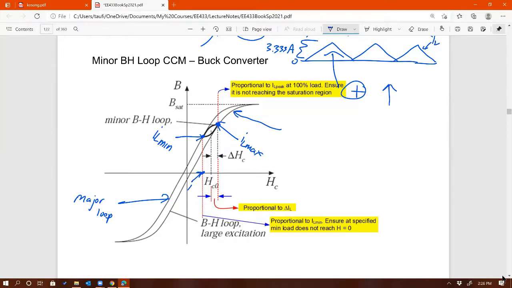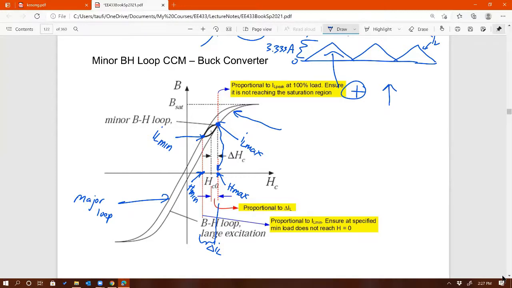So that's H min, and the point on the right is projected to this point, that is H max, corresponding to IL max. So H min corresponds to IL min, H max corresponds to IL max, and the difference between the 2 points should correspond to delta IL. So from here to here should be the delta IL. All right. Any question on that?